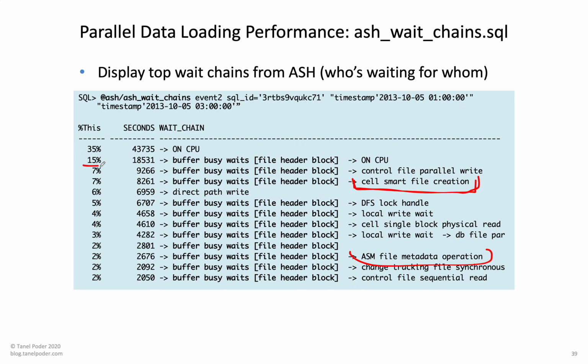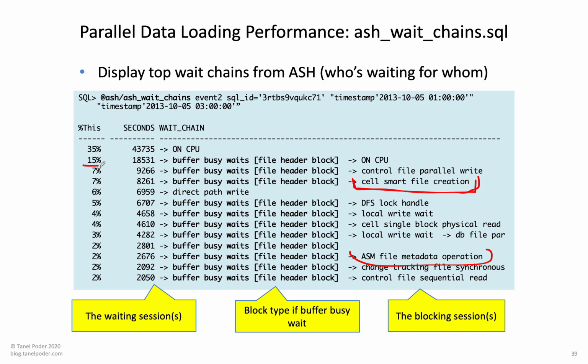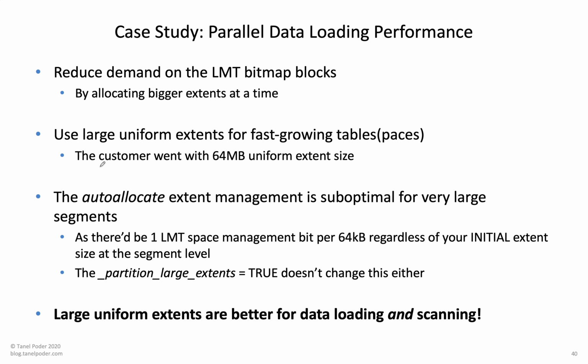So one solution there would have been to pre-extend the data file, like in the old days, during a quieter time, or use a bigger extent size. Part of the root cause in this case was that when you have big tablespaces where you load a lot of data with big extents, you need to use large uniform extents in there.